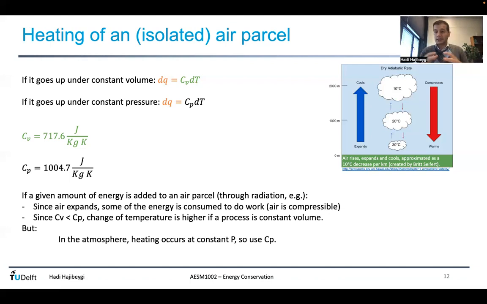So as air expands or compresses, work will be done. So we take dQ to be Cp dT and not anything else, not the Cv one, right? So that's pretty much important. And then you can go even further and find out more that would allow you to understand exactly the change of the temperature of the air parcel as it climbs up or comes down.